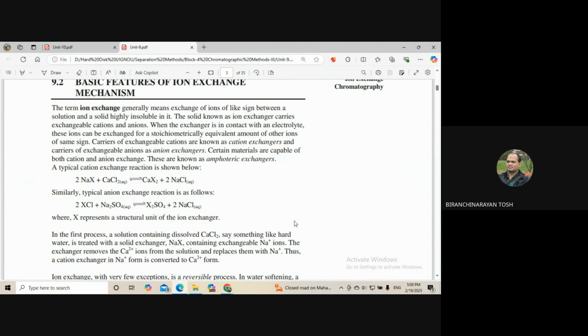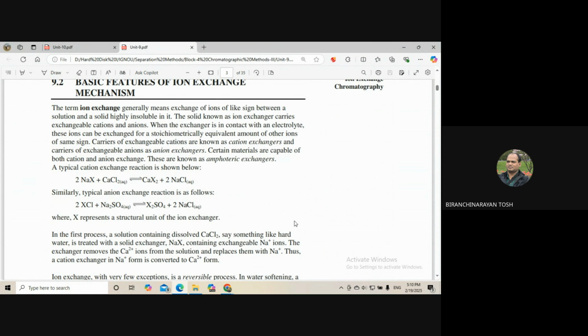That means when ion exchange takes place, a substance will be formed by exchange of ions which is insoluble and it will give the precipitate. In a simple reaction, when you add silver nitrate to sodium chloride solution, there is an exchange of ions. The nitrate ion of silver is exchanged by chloride ion, so silver chloride will precipitate.